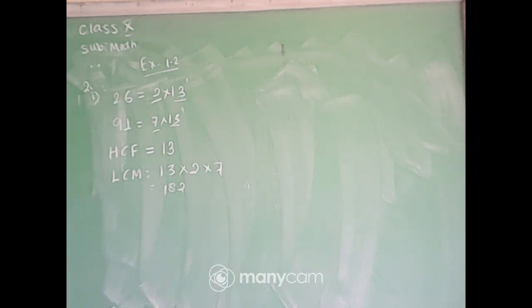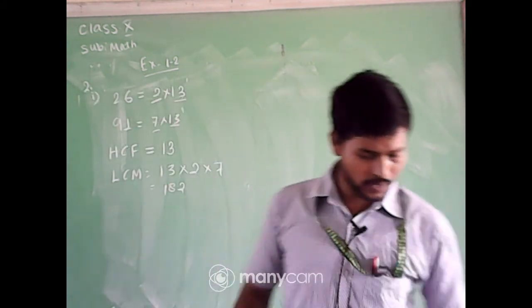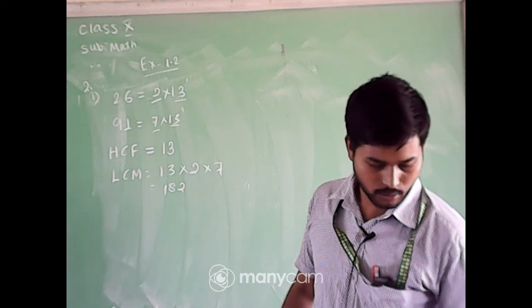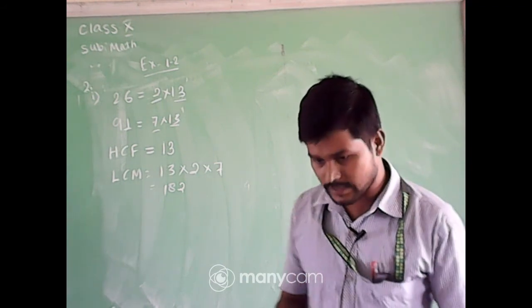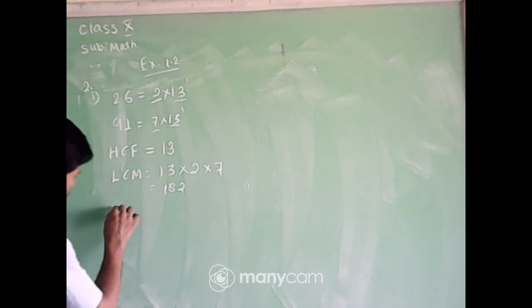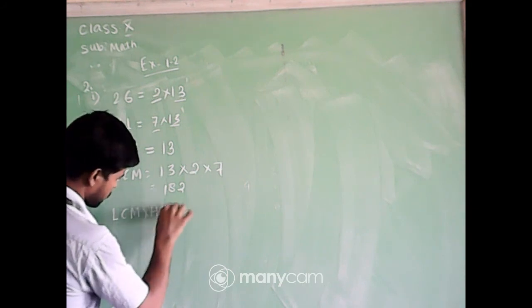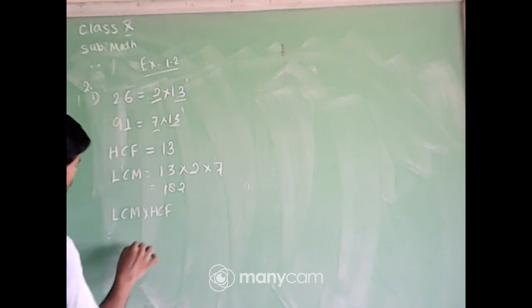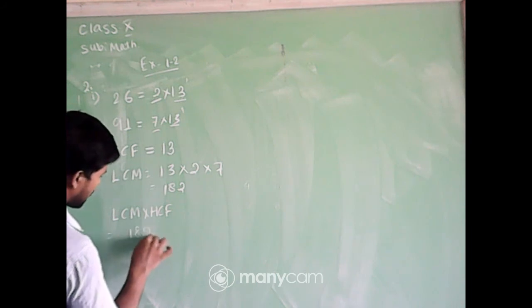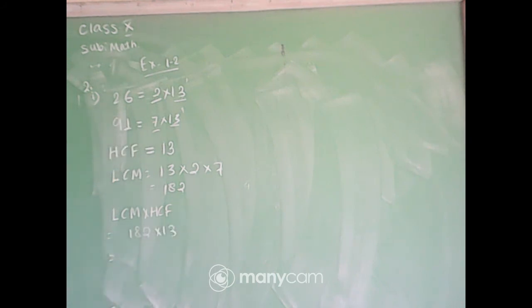So this is the HCF, and this is the LCM, calculated. Now we have to verify whether LCM into HCF is equal to the product of the numbers or not. So find the LCM into HCF. Write the values: LCM equal to 182 and HCF is equal to 13. Now multiply it.